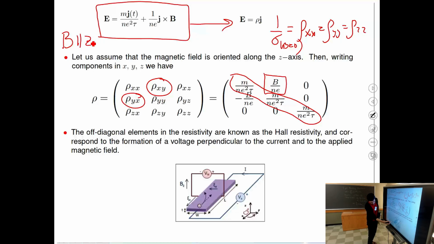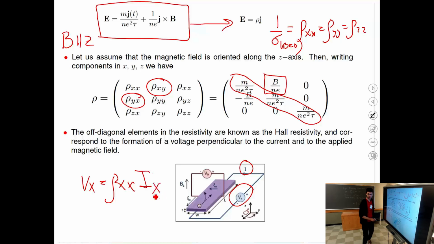So for example, if you look at the blue leads in the picture, they are hooked up in the x direction. And so I can source a current here, and I can measure voltage here, and this voltage will be Vx. And so I'm going to have Vx equal to rho xx times Ix.